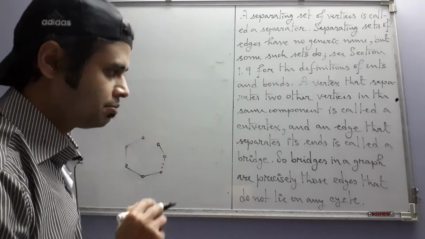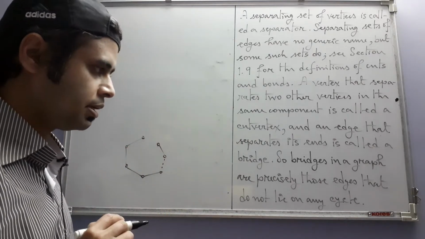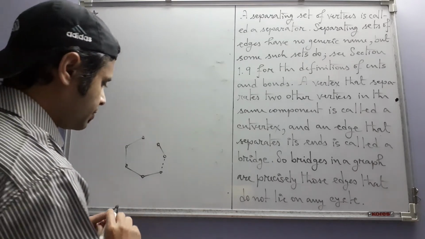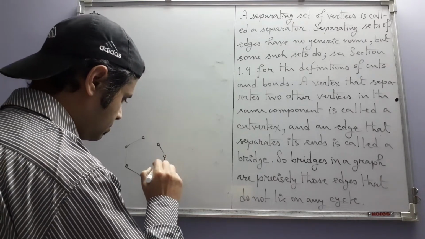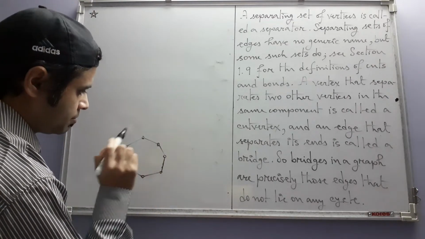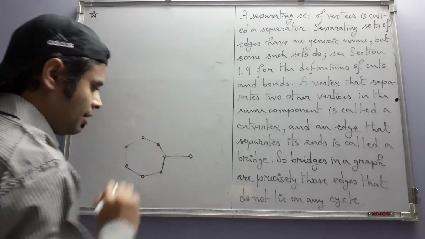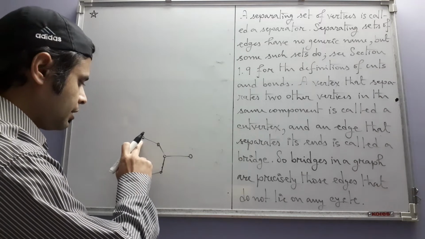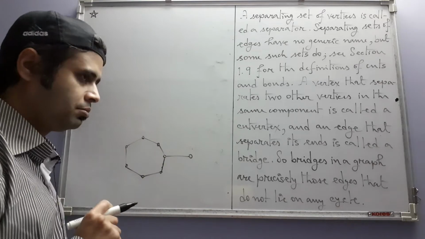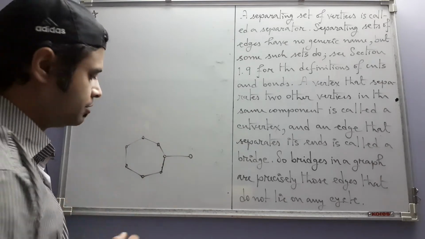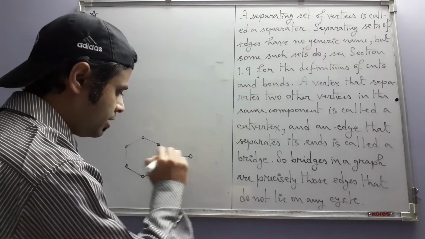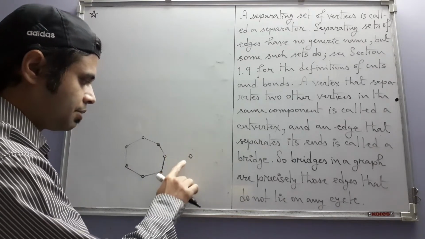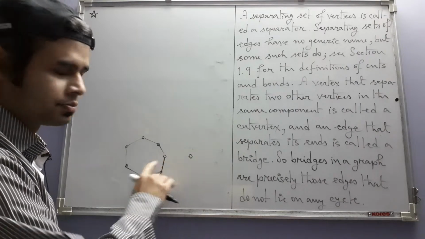So that means bridges are precisely those edges that do not lie on any cycle. For example, if we have this graph, in this graph none of these edges is a bridge. However, this edge is a bridge. Its removal separates these two ends.